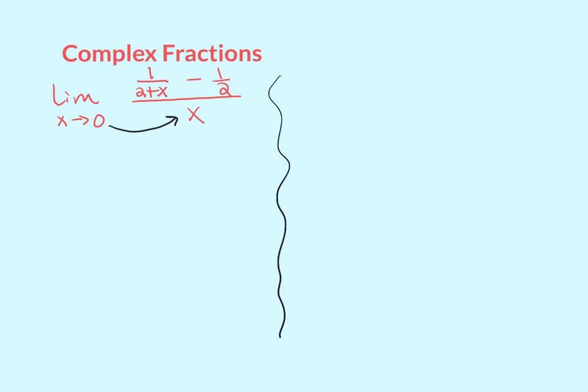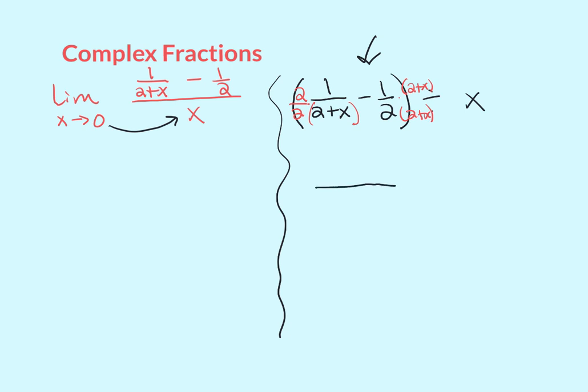So if I'm going to rewrite this, 1 over 2 plus x minus 1/2, and I'm dividing by x. So first here, let's get a common denominator. I'm going to multiply this here by 2 over 2, and then multiply over here by 2 plus x over 2 plus x.